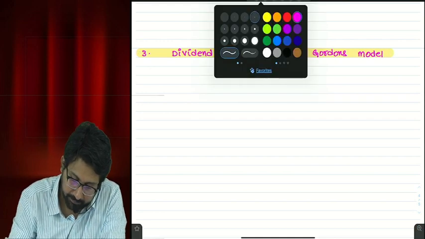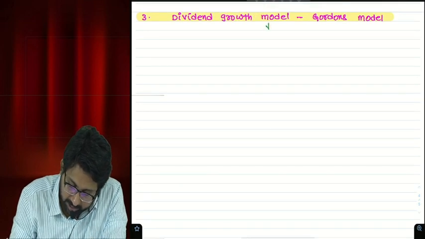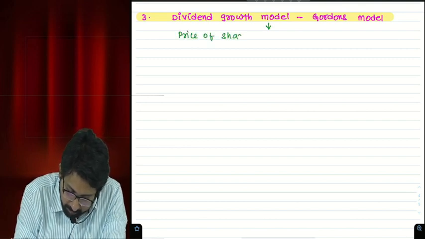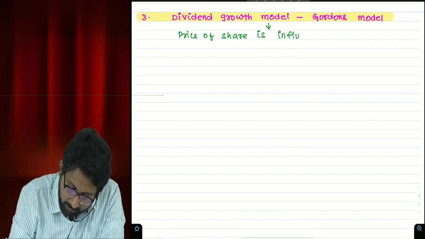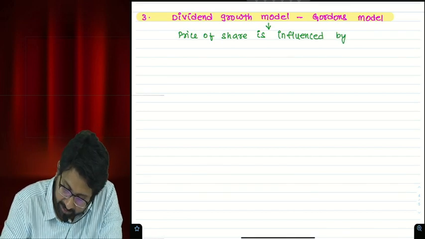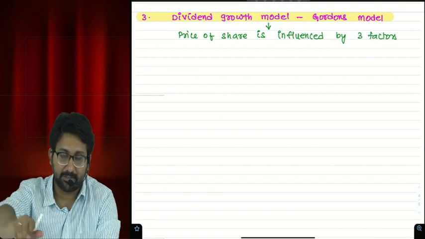Gordon has formulated that the stock price is influenced by 3 factors.